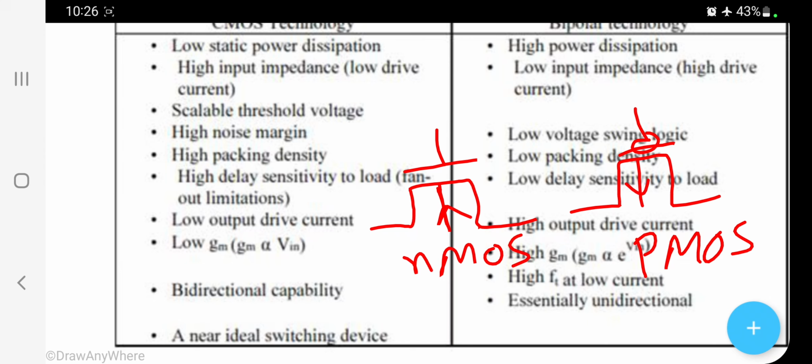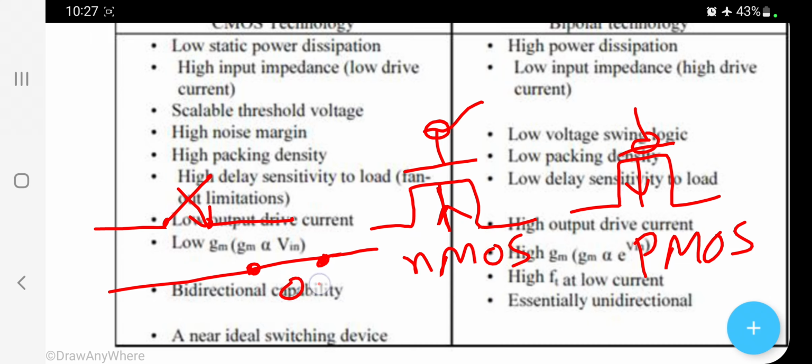So nearly ideal switch means whenever we provide sufficient gate voltage to NMOS or to PMOS, it acts as an ideal switch. It is going to turn on and off very fast. NMOS on means it acts as a closed switch.